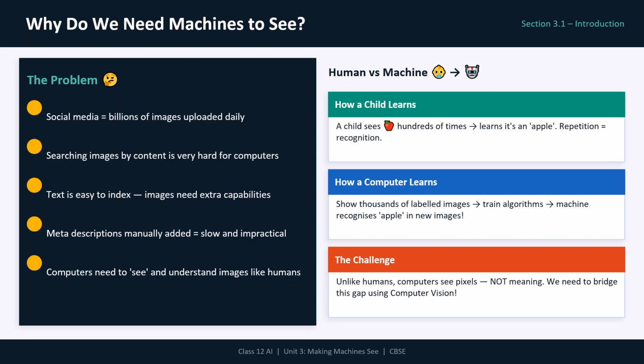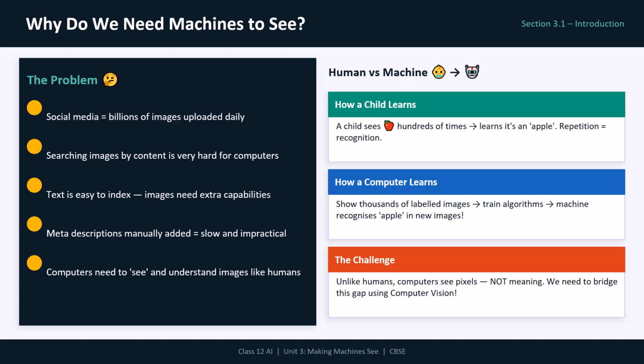Let me start with a question. Have you ever uploaded a photo on Instagram? Of course you have. Now, billions of photos are uploaded every single day across Facebook, Instagram, Twitter. And here's the interesting problem. When you type red apple in Google, it finds text results easily.